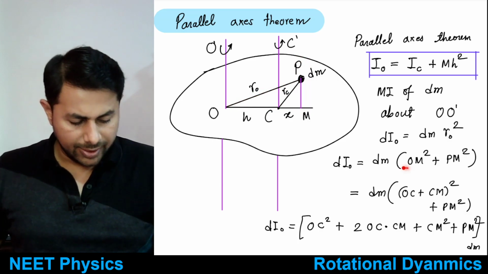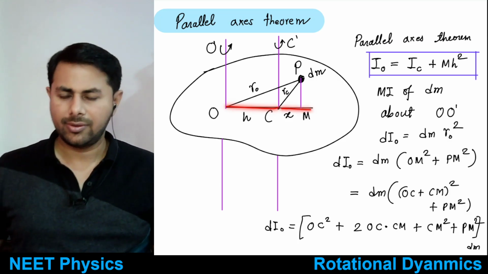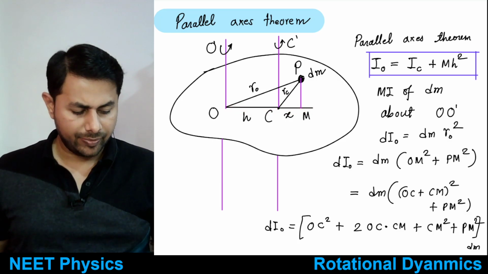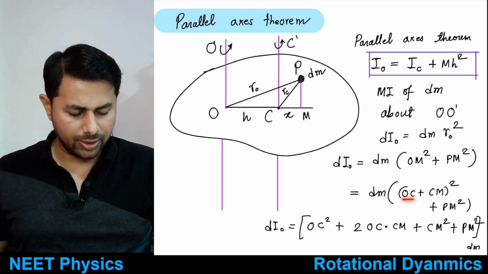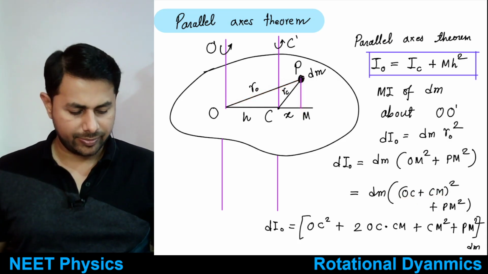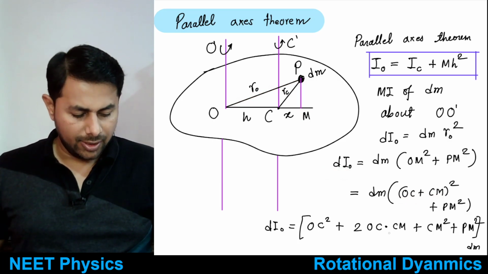Now you can write this OM as OC plus CM, right? So you have OC plus CM square plus PM square. So that is dIO.